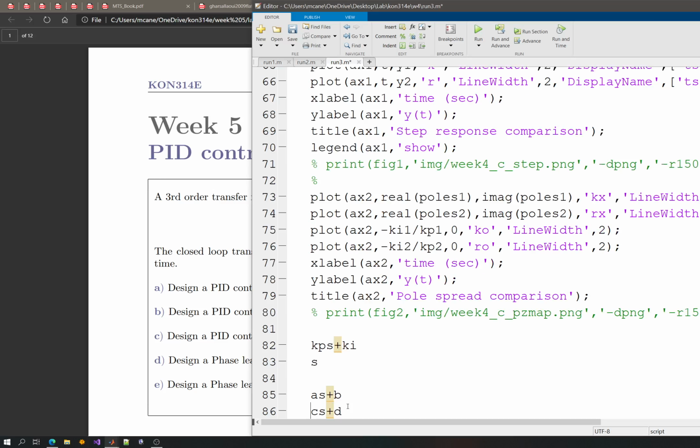And you can see that choosing C equals 1 and D equals 0 will give you a PI controller. So you're working with a subset of phase lead, phase lag controllers.